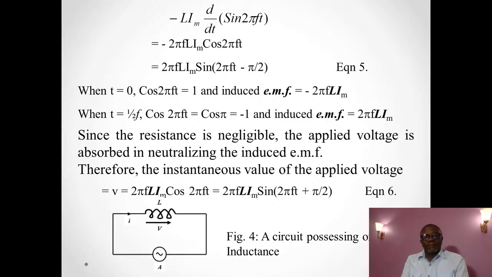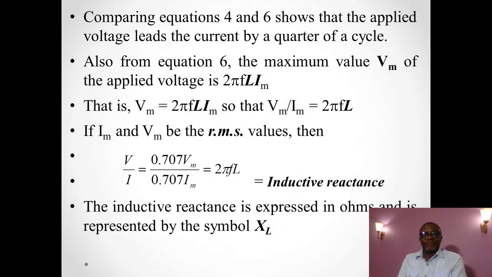So it is not available in real life, but we are just doing this analysis to get something. In real life, you expect this inductor to have its own internal resistance, but for now, we are neglecting it, or assuming that it is negligible.